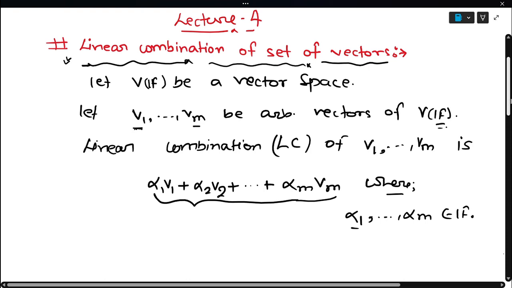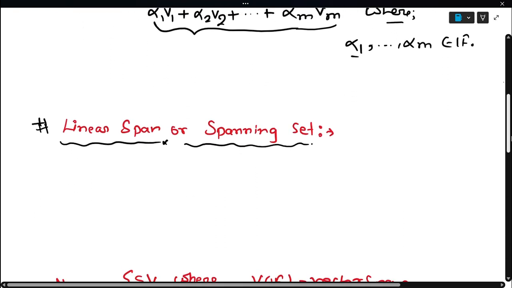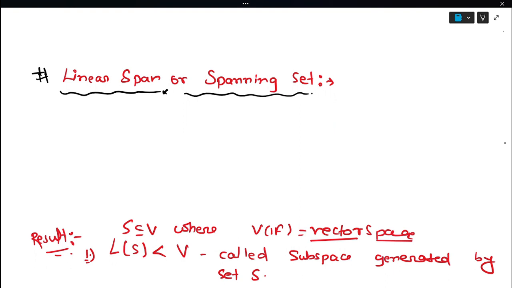Okay, so now we will define linear span or a spanning set. Let S be a subset of vector space V over F. We have a subset. So what is the linear span or a spanning set?